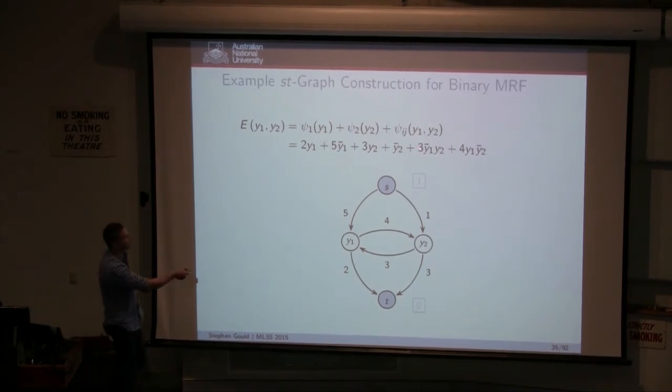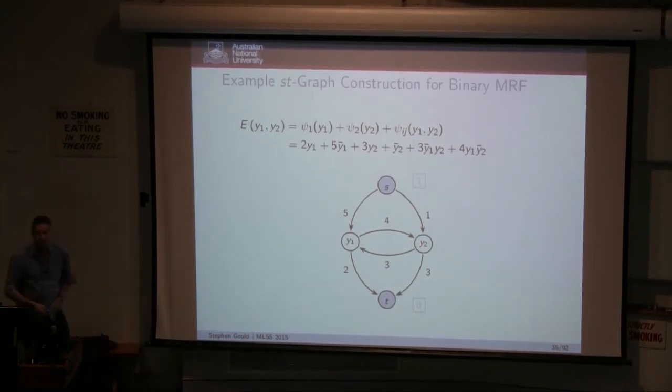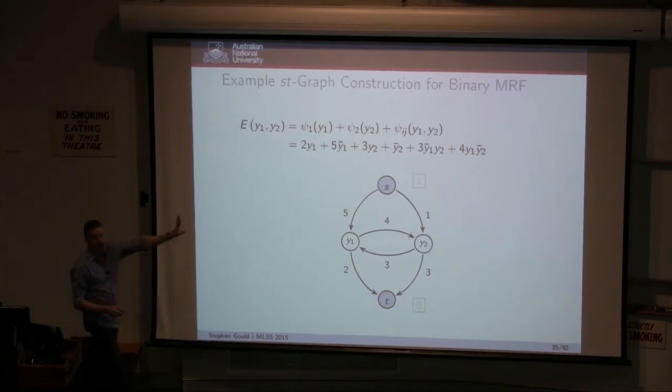Okay, so 3 times y1 bar y2 ends up being this edge from y2 to y1 with weight 3. Okay. So it's a completely mechanical construction.